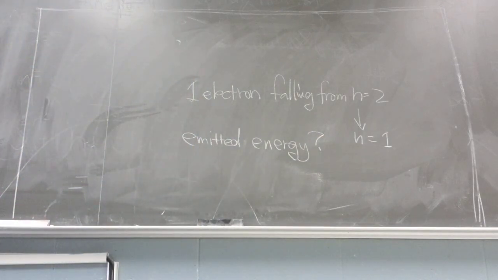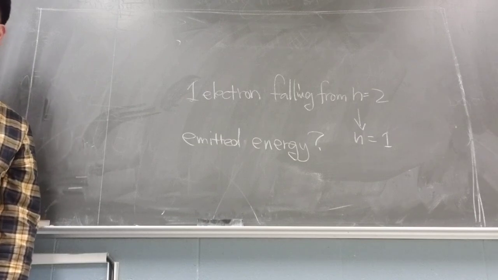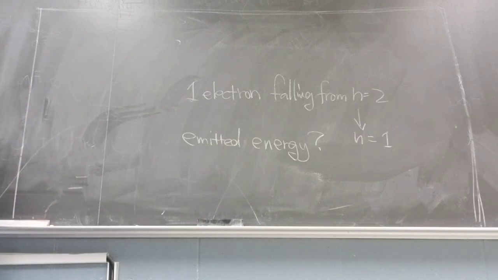So you have one electron falling from the higher energy level to the lower energy level. When they do it, they release a certain amount of energy.